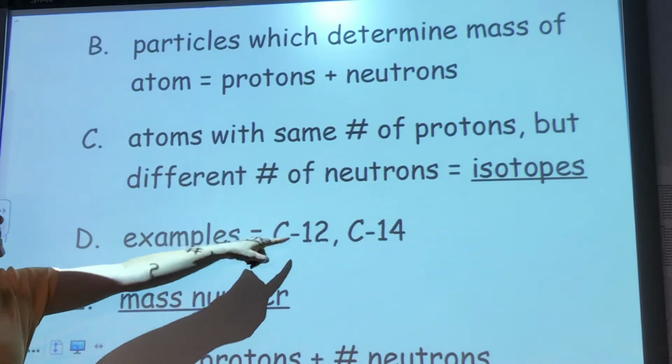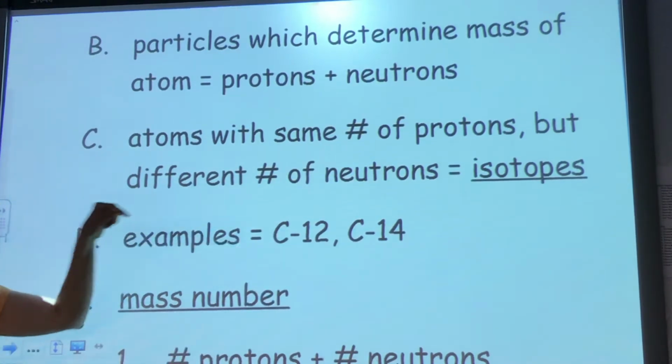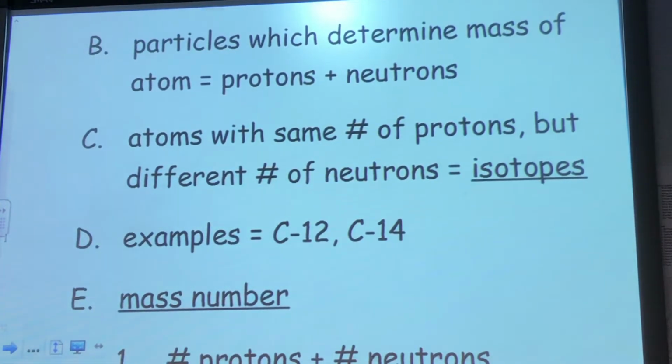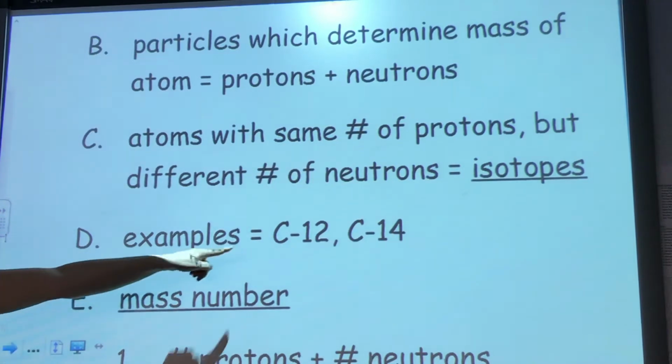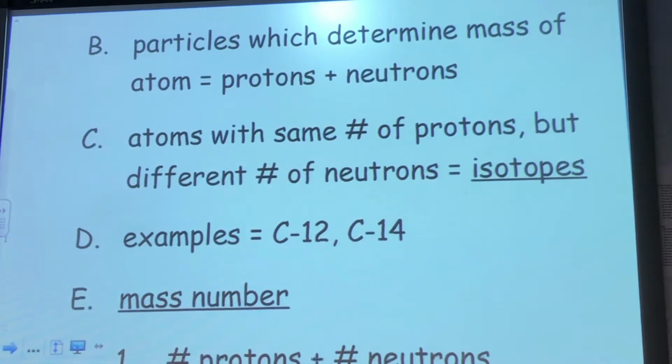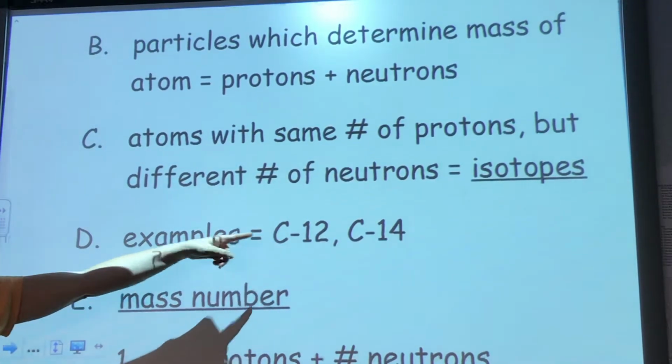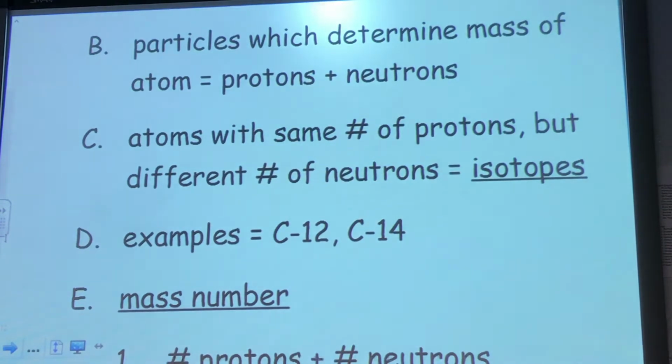So, if the mass of C12 is 12, how many neutrons are contained in the nucleus of a carbon-12 isotope? If you said 6 neutrons in carbon-12, good job. You are right.